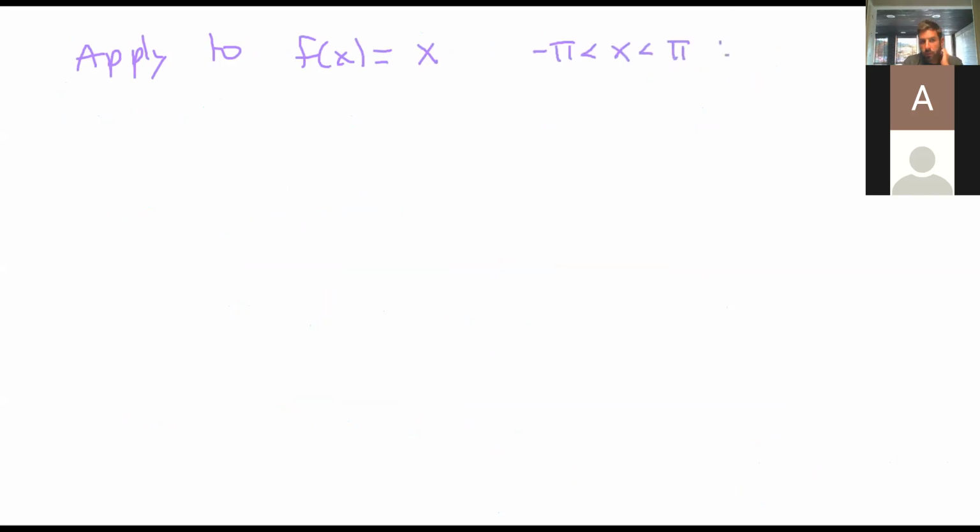So here's what we have. By homework number 5, number 1F, and number 3, 1F tells us what the Fourier coefficients are.